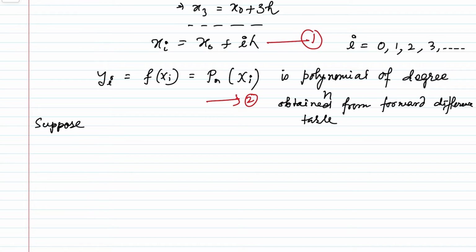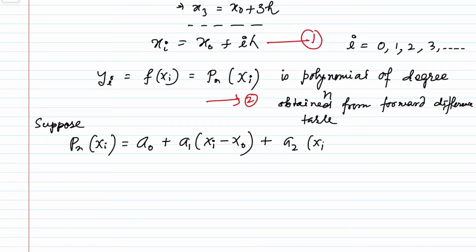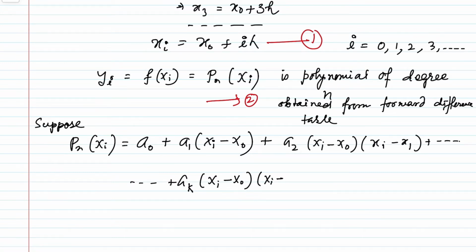Now suppose Pn of xi is such a polynomial which is given by a naught, which is a constant, plus a1 into xi minus x naught, plus a2 into xi minus x naught into xi minus x1, plus and so on, ak into xi minus x naught, xi minus x1, xi minus x2, into and so on up to xi minus xk minus 1.